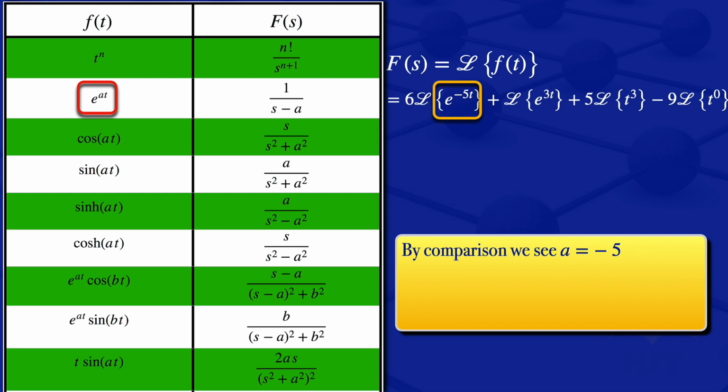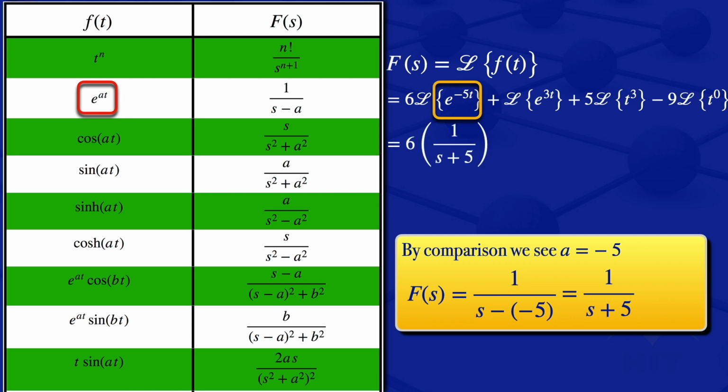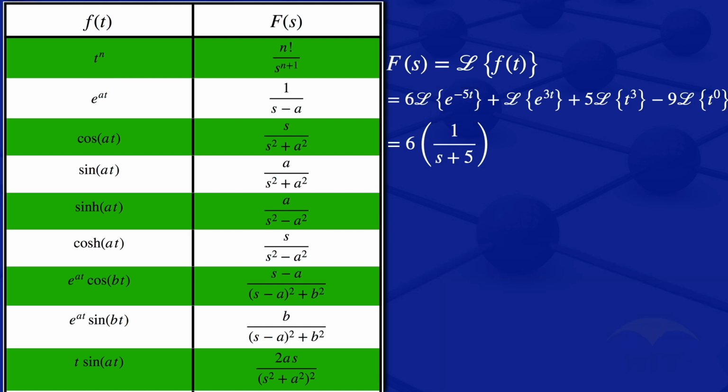If a is minus 5, we substitute it in the F of s, and we have F of s is 1 divided by s minus minus 5, and that will simplify to 1 divided by s plus 5. So we'll write it as 6 times 1 divided by s plus 5. So we are done for that one.